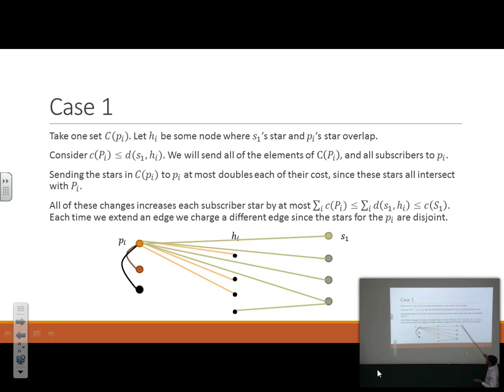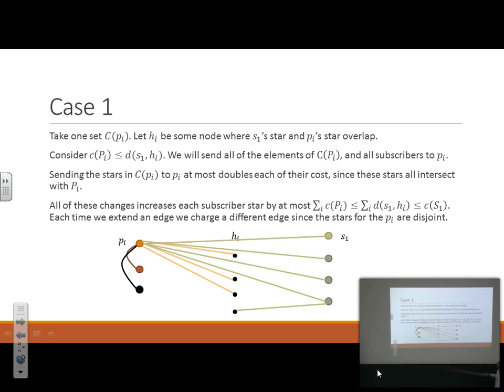So in total, if I take any one of these subscribers, the total amount of overhead that I've spent in trying to connect myself directly to here is upper bounded by the cost of S1 star, but I'm just any other subscriber, so I'm costlier than S1 star. So all of these extras can be charged to that S1 star. I think this is the trickiest argument in the whole bit.